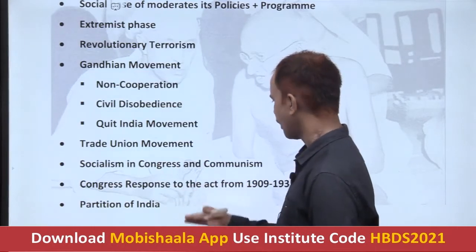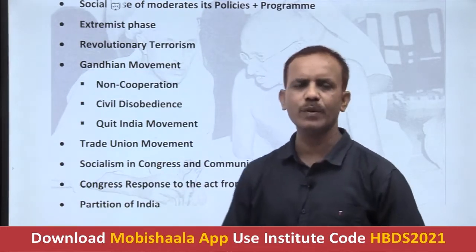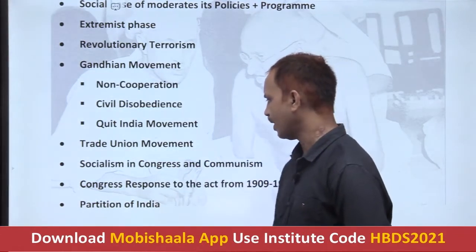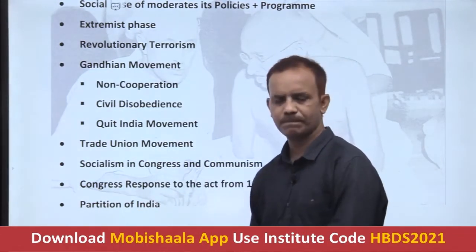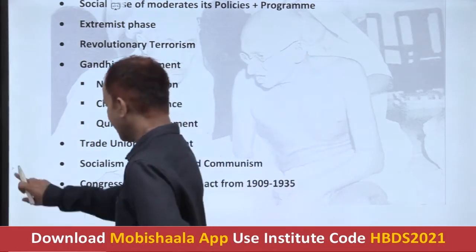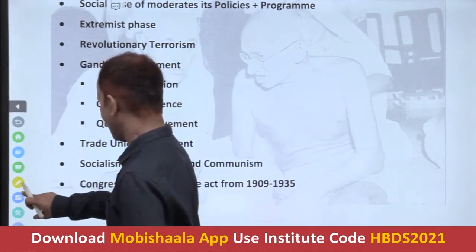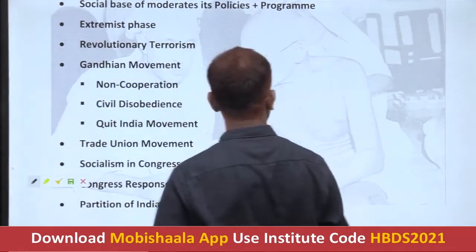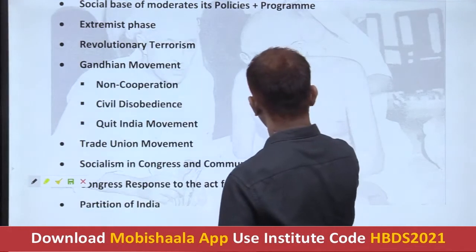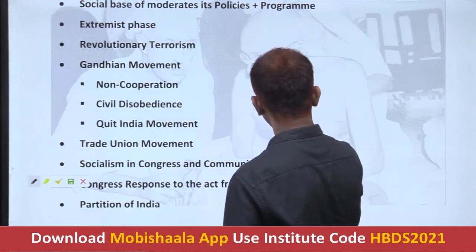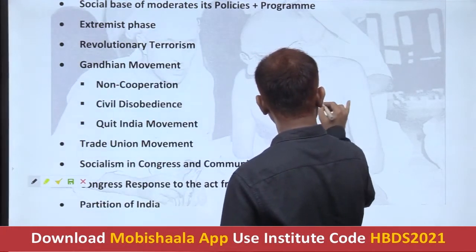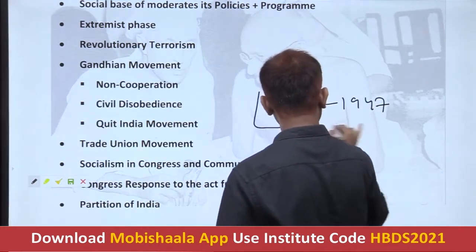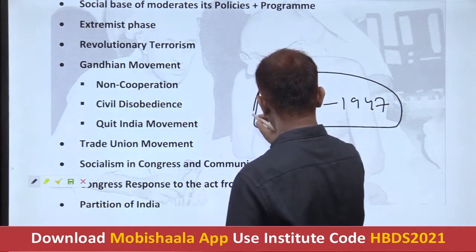And Congress responds to the acts from 1909 to 1935. And the last part would be the partition of India. It means in this syllabus of modern India, we have to study the history of India from 1757 to 1947. This is all about the syllabus of modern India.